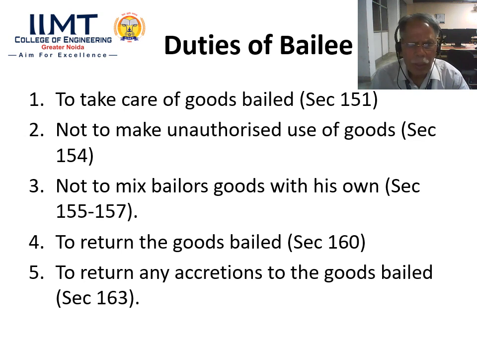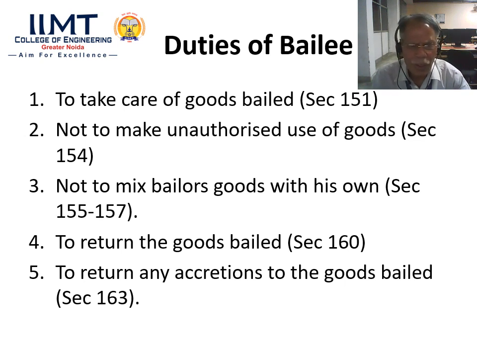Another duty, not to mix bailor's goods with his own. Sections 155 to 157 provide for a restriction on the bailee to mix the bailor's goods with the bailee's own goods. It must not be done.